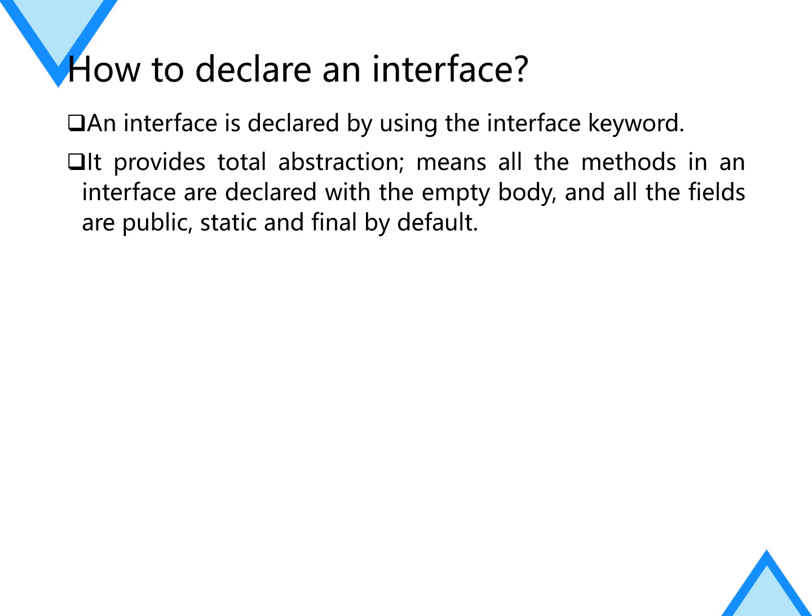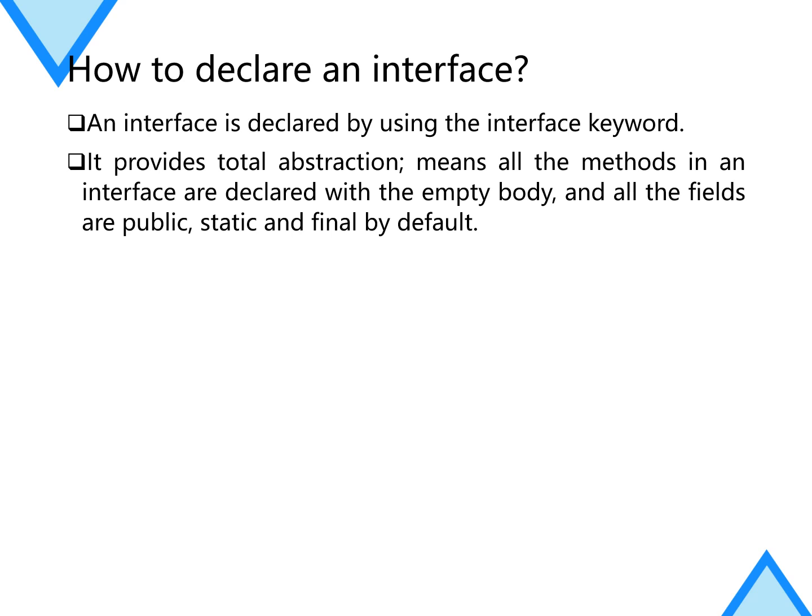It provides total abstraction. At the start of the lecture we discussed how to implement abstraction. There were two methods: the first through abstract classes and the second through interfaces.